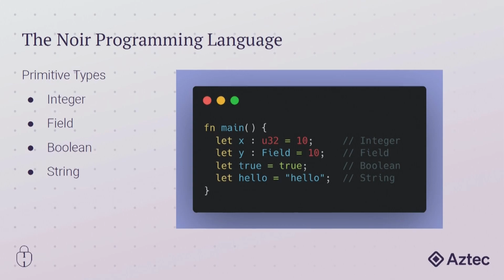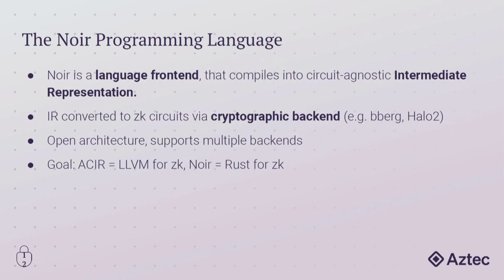This is a programming language that we're building from the ground up to be ZK-friendly and support the kind of complex private state models that you need in private transaction environments. And so we've modeled it after Rust. It has variables, it has things like integers and booleans, like you'd expect from a regular programming language.